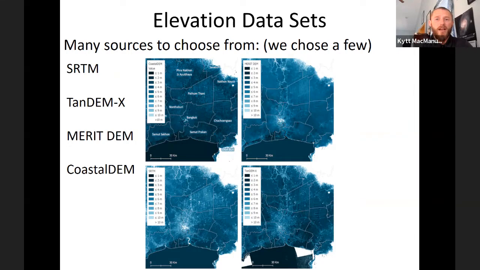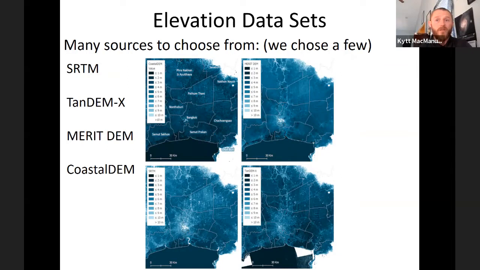They were from the SRTM, which most of us know set the baseline and was really innovative in creating a global elevation model back around the year 2000. There's Merit DEM, which has SRTM data as its basis, but makes some improvements using altimeter data and validation techniques.